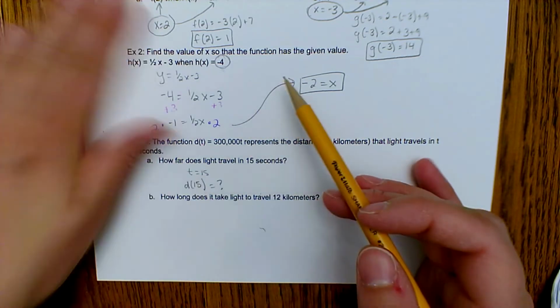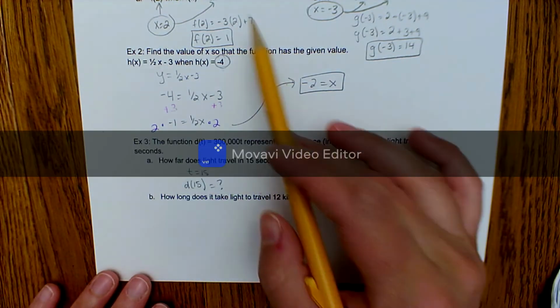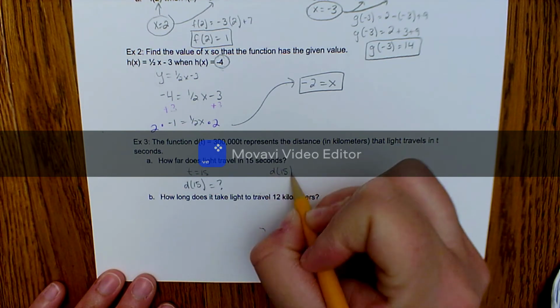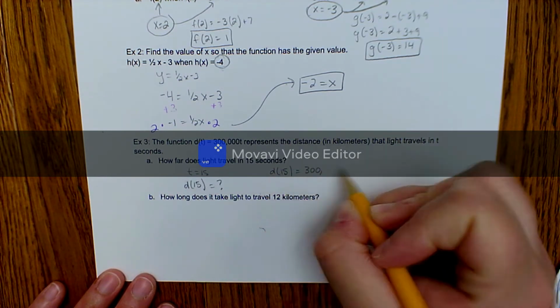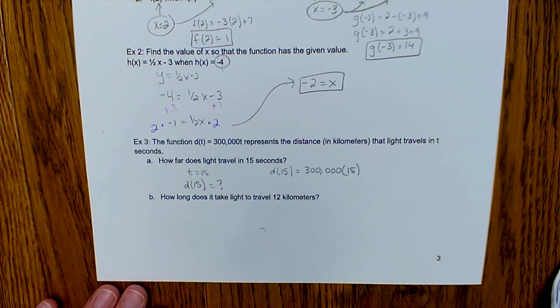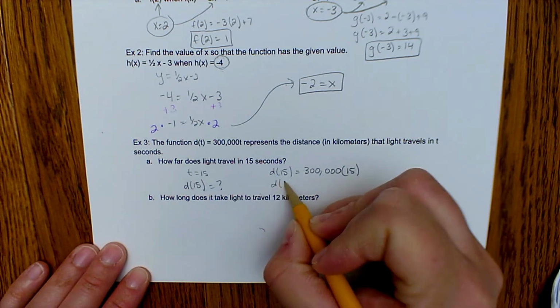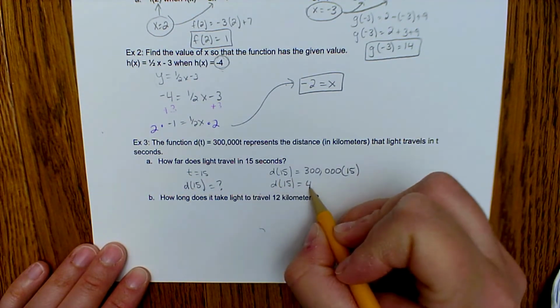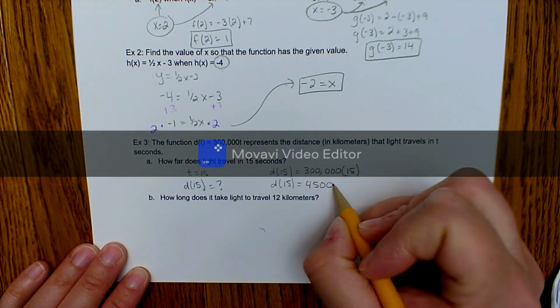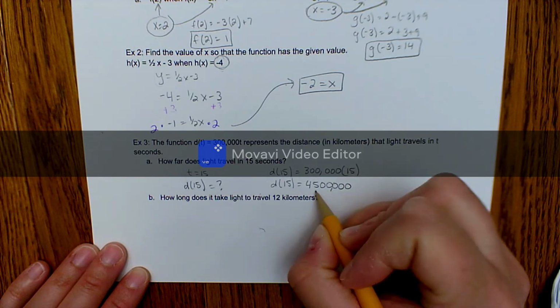So I've got 300,000 and just subbing it into that t spot with the 15, just like I did in example 1. Then I go ahead and just calculate this, and I get d of 15 equals 4,500,000 kilometers.